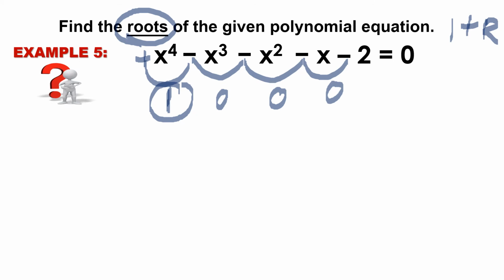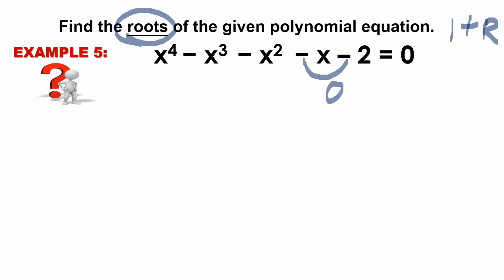What about negative? Let me erase first for us to clearly see the changes here. For negative, let us remember that we need to change x to negative. So if x is negative, negative to the fourth power is positive, so still positive x to the fourth.